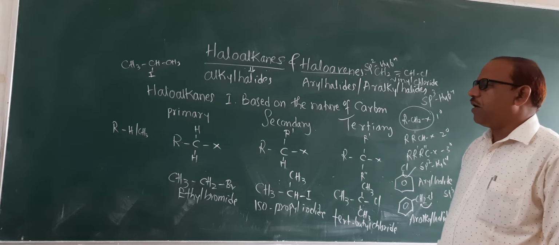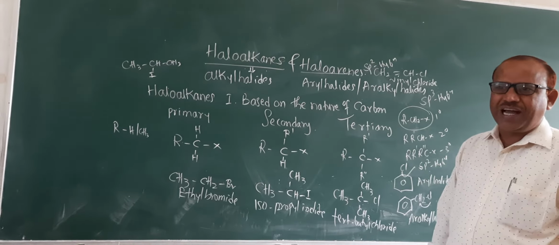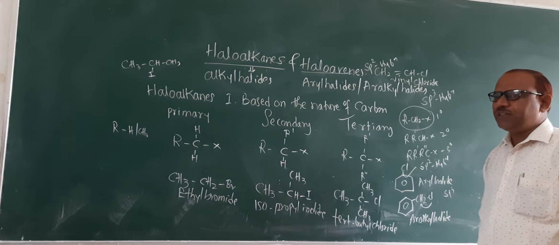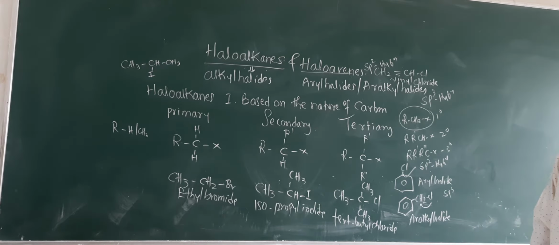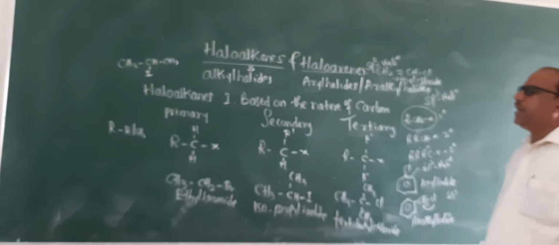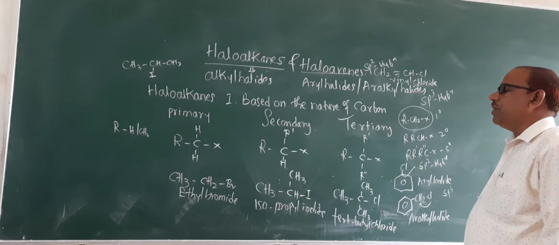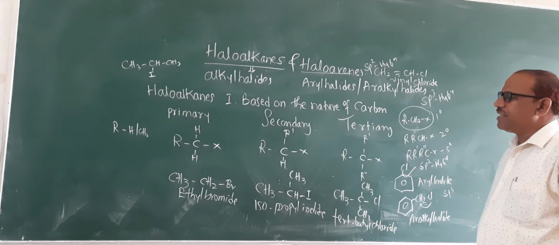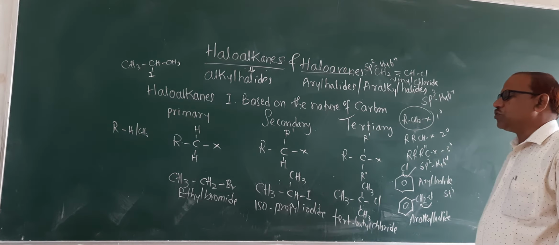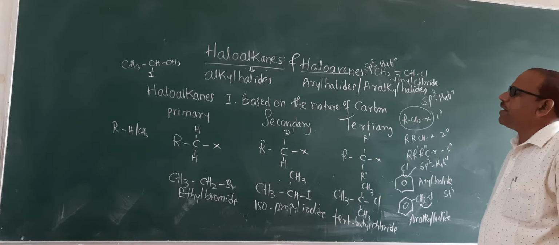In place of R, you may have either the hydrogen atom or a methyl, ethyl, propyl group in the primary haloalkanes. For example, CH3CH2Br is ethyl bromide.